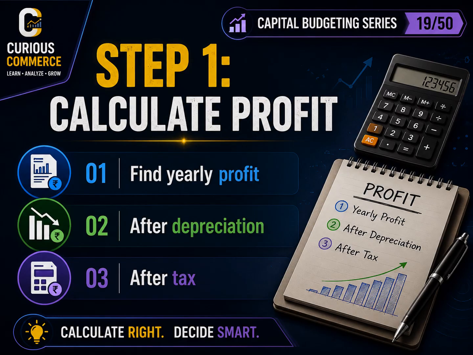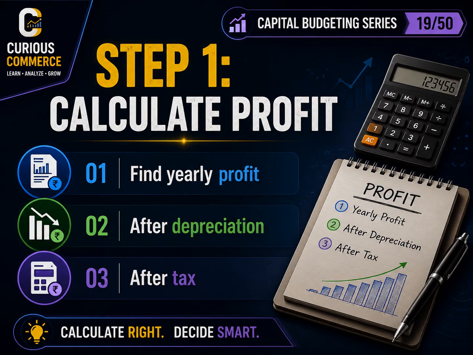That means we should not use sales revenue directly, cash inflow directly, earning before interest and tax depreciation directly. Instead, we use final accounting profit.